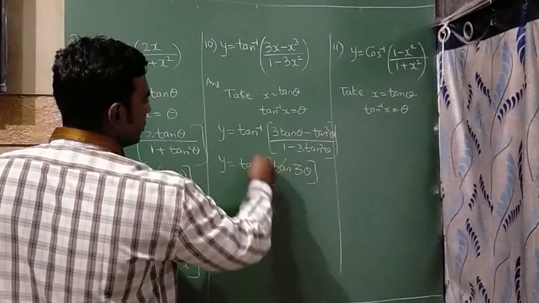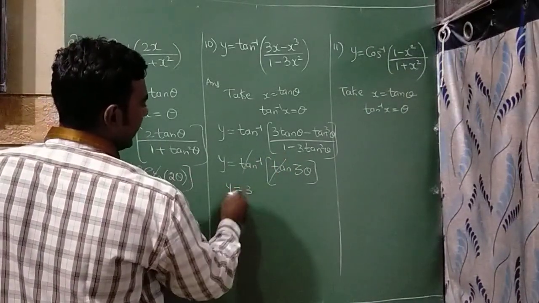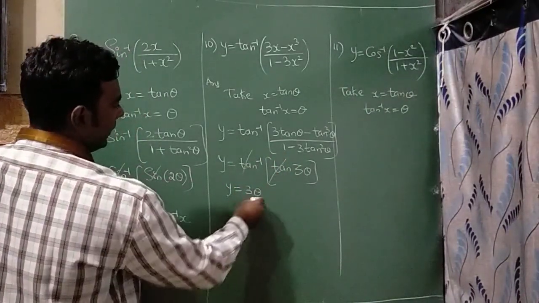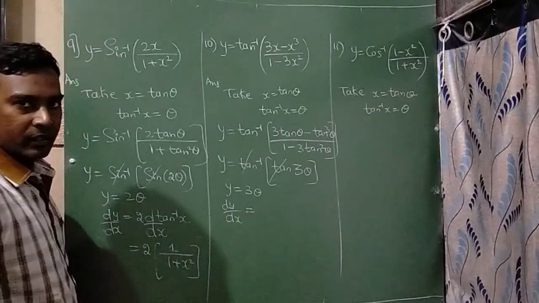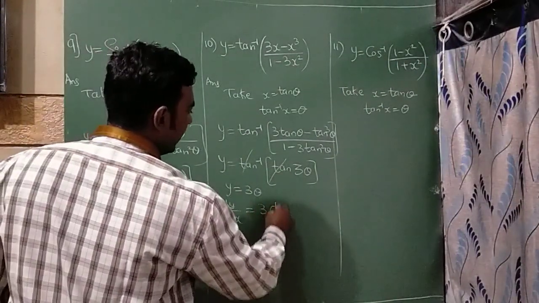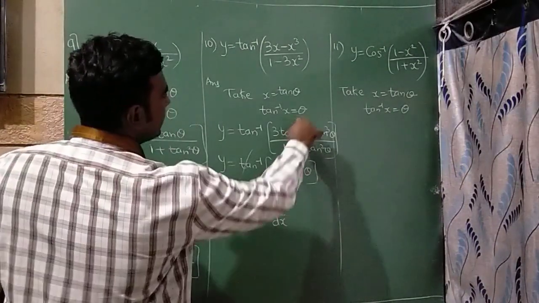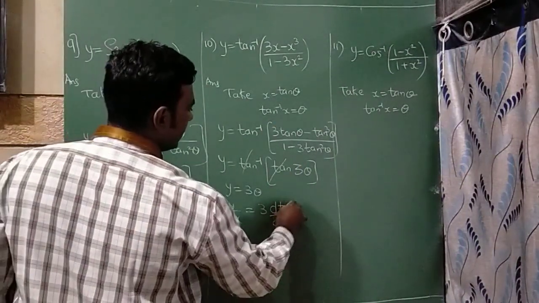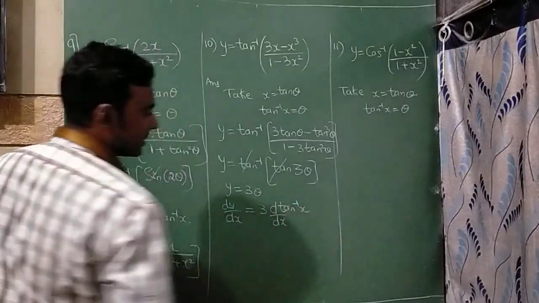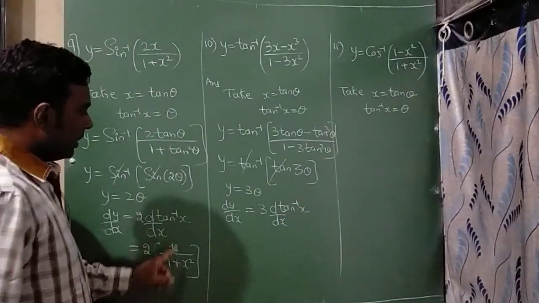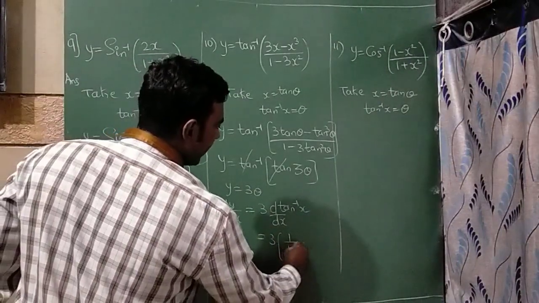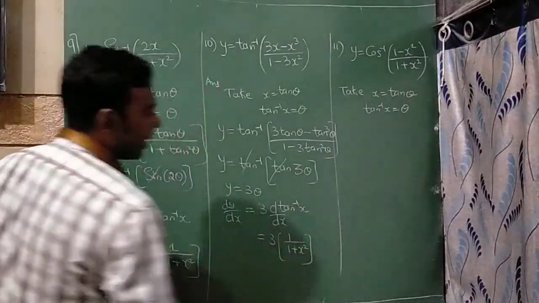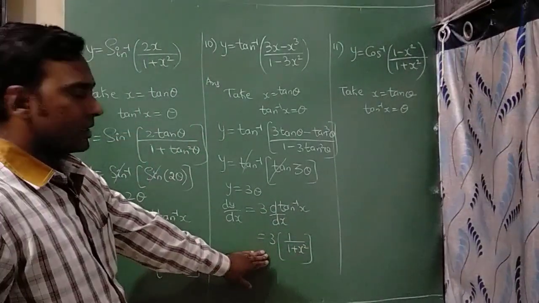Okay, when these two get cancelled, you remain with y is equal to 3 theta. So dy by dx is equal to 3 d by dx of, instead of theta I am going to substitute tan inverse of x. Here also same thing. So what is the formula for tan inverse of x? It is 1 divided by 1 plus x square. So this is your final answer.